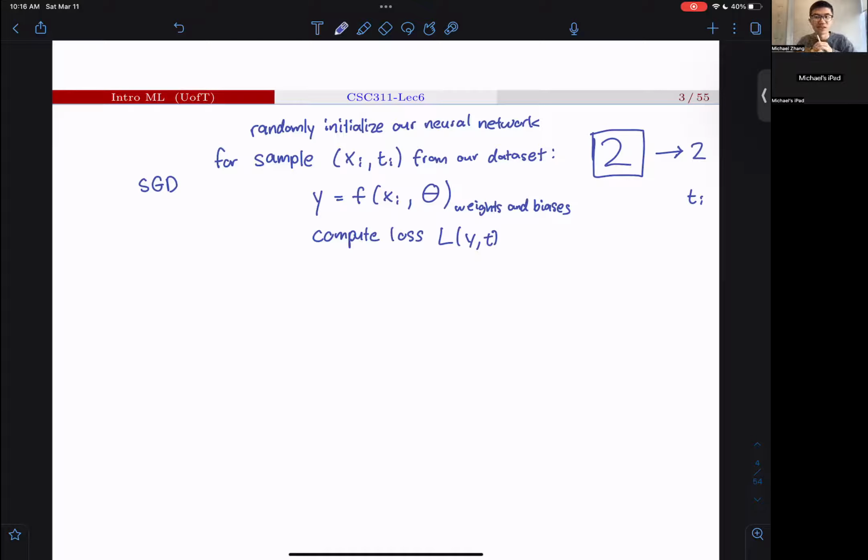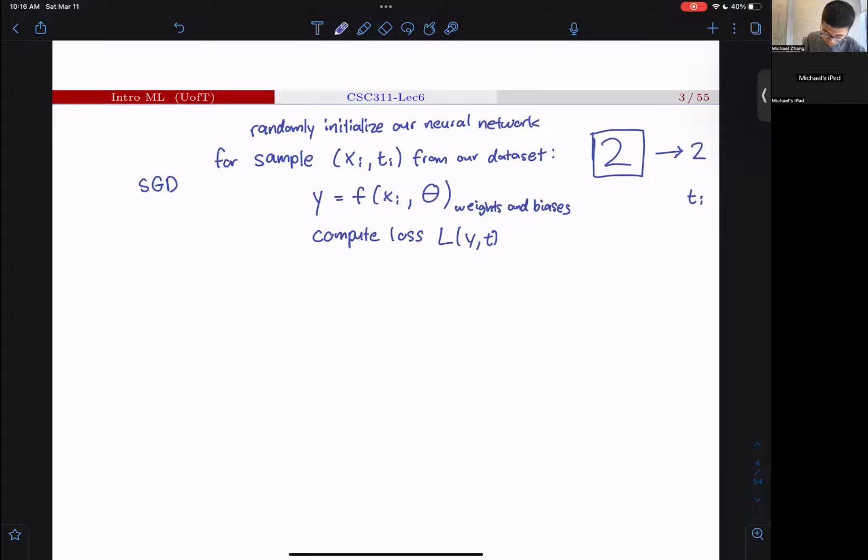Okay, so once we have our loss, we essentially want to update the weights and the biases, so the theta vectors, to minimize that loss. You can imagine initially when we initialize our neural network randomly, our predictions are going to be very off. So our goal is essentially just to try to nudge the weights so that we're more likely to predict a 2 for this particular example.